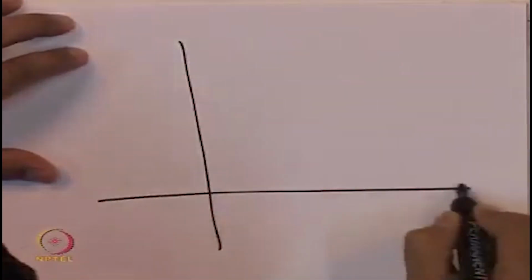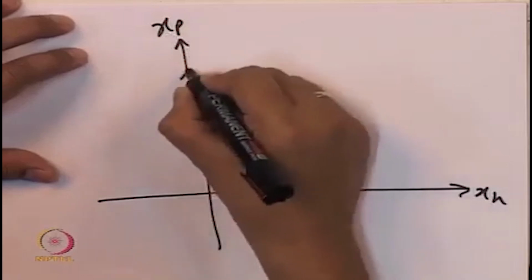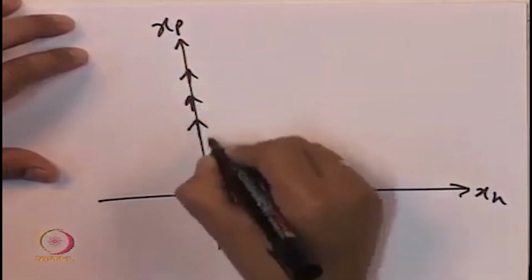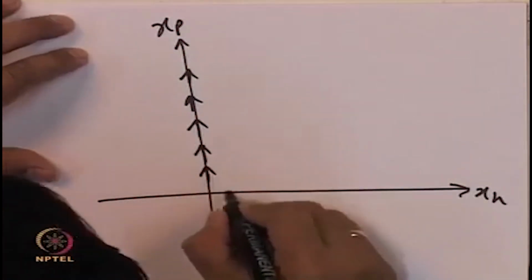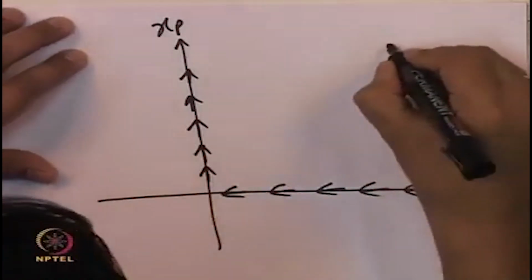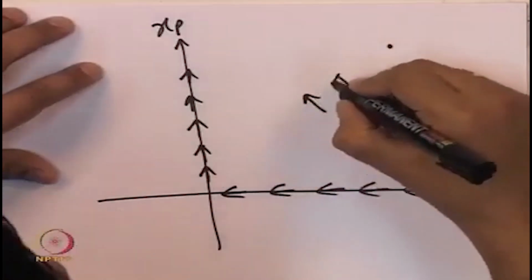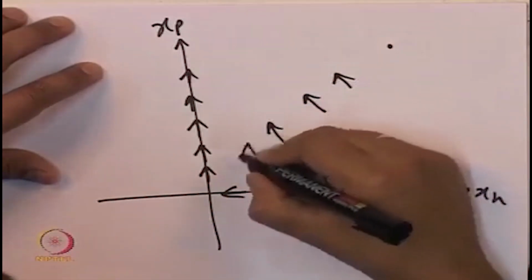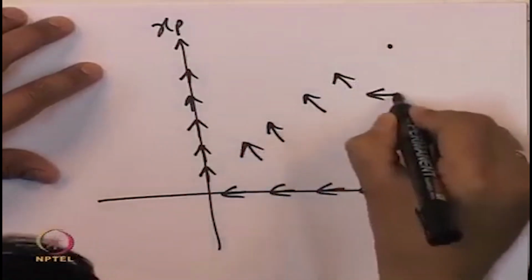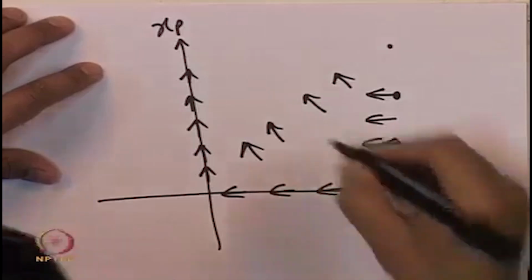So the correct figure should be this, and this is the point (1, 1), and we already checked that at intermediate points, at this point it is like this.